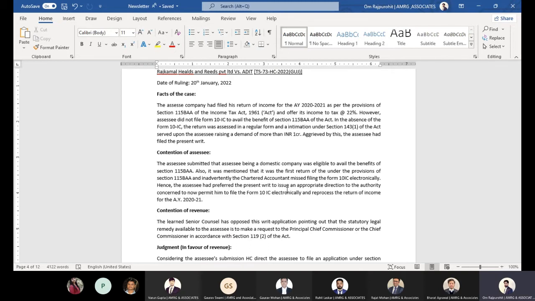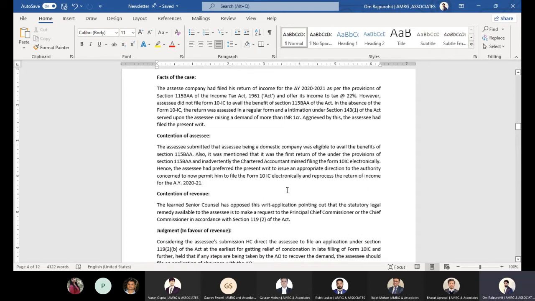So they preferred a writ petition before the High Court, and during the writ, the contention of the SSC was that the company is a domestic company duly eligible to claim the benefit of section 115BAA, and the return was filed in the first year, it was just because of an inadvertent error of the chartered accountant.